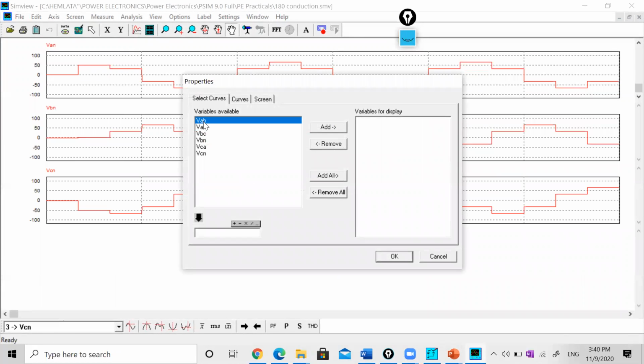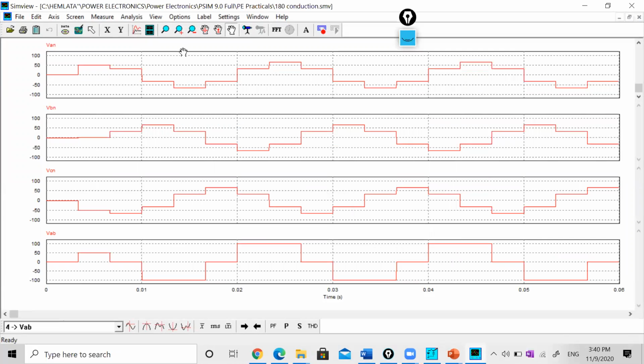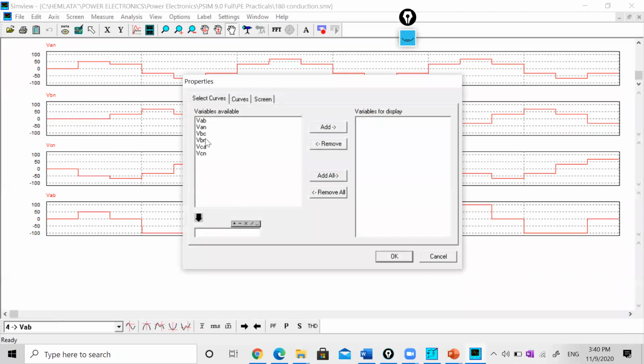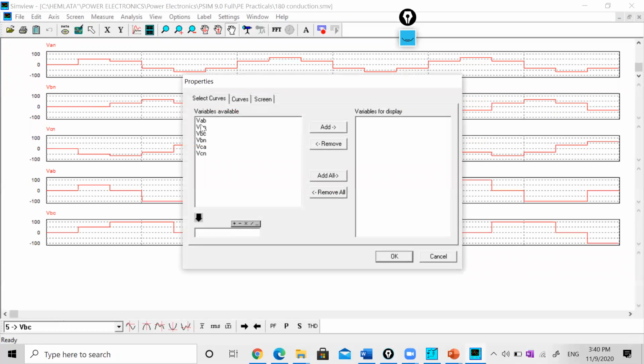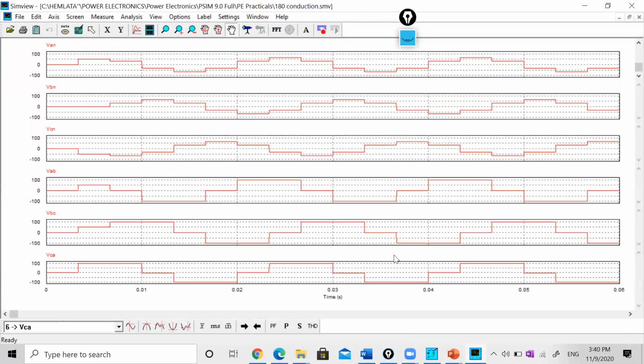Then line voltages, VAB, then VBC and VCA. So these are the phase voltage and line voltage waveforms for 180-degree.